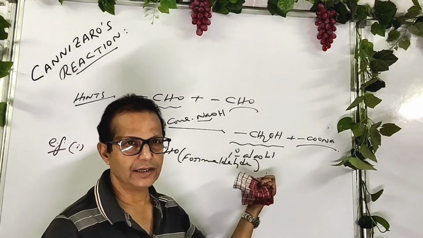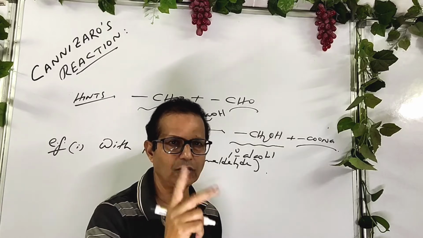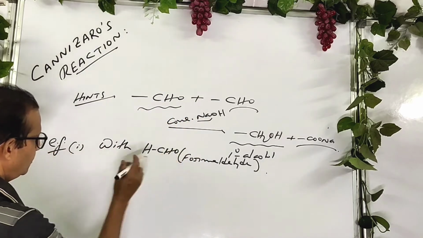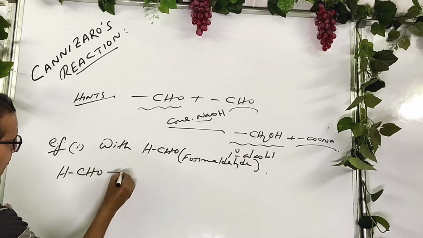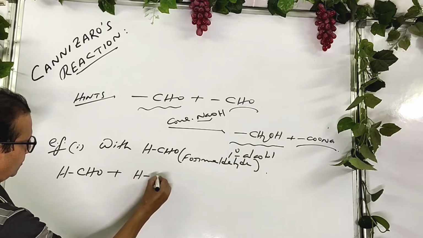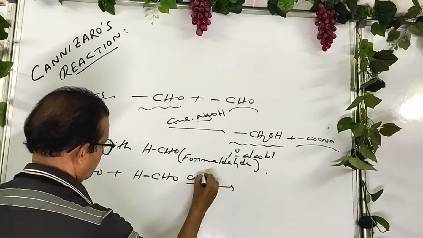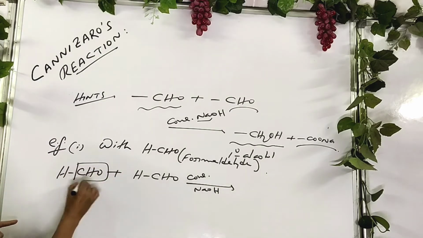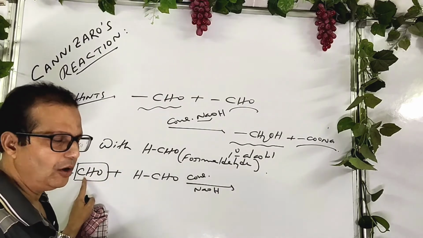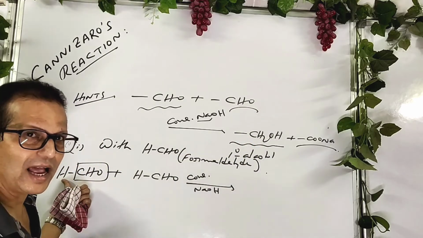How to write it? Listen the technique. Remember, during Cannizzaro reaction, 2 molecules are used. Change 1 molecule of aldehyde into primary alcohol. The hydrogen remains as it is.